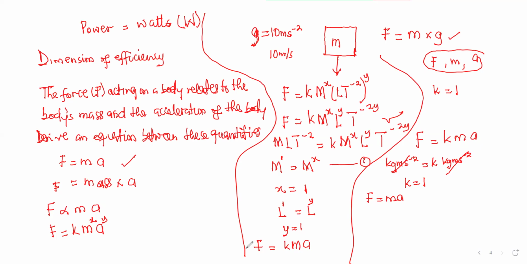And so we have used dimensional analysis to establish the equation between F, M, and A. Class, are we okay? Yes, sir. All right. I'm giving you one to try.